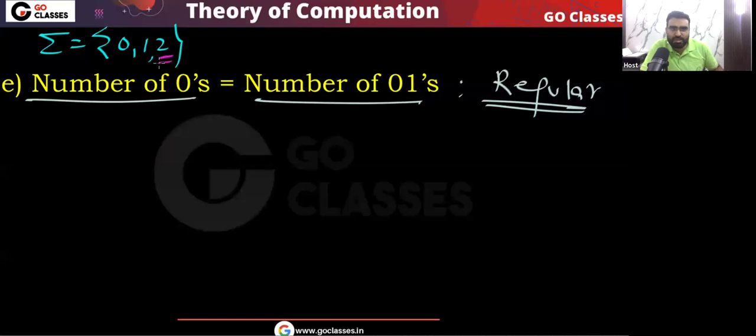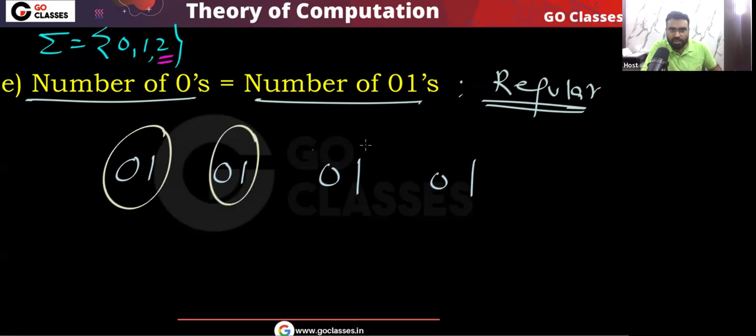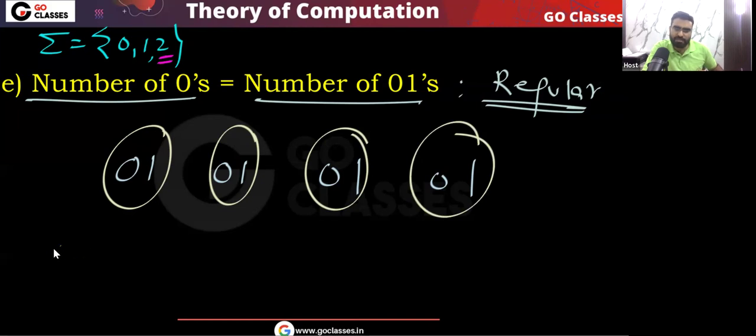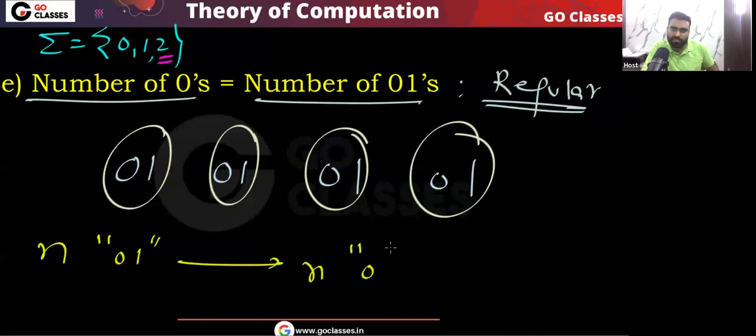This 01, if you repeat it, let's assume 4 times, then already the 0 has come 4 times. If you repeat this 01 n times, then already n 0s have come. So this 2 cannot do anything. Is this point clear? Please tell me.